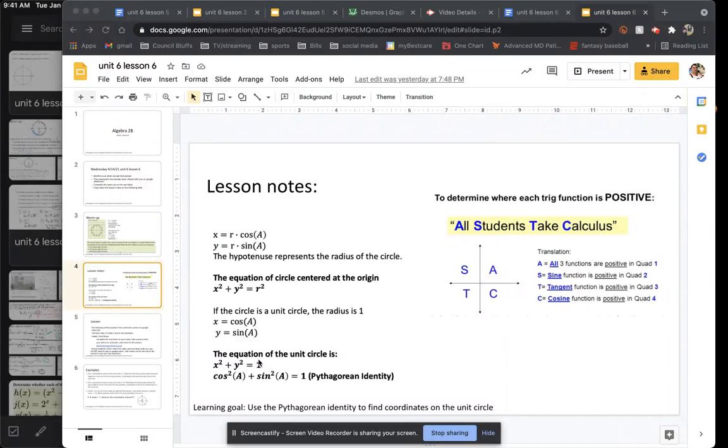And by doing that, we lead to this really important formula called the Pythagorean identity.